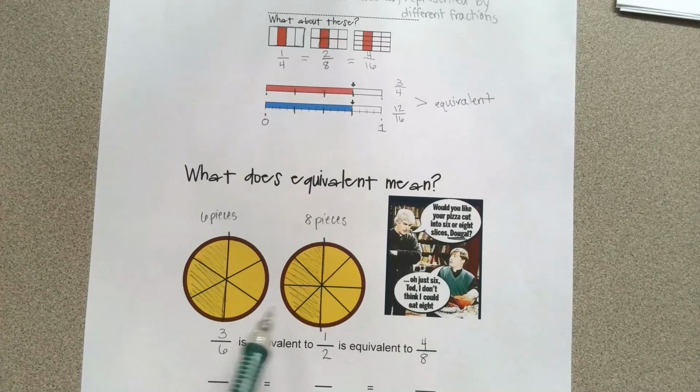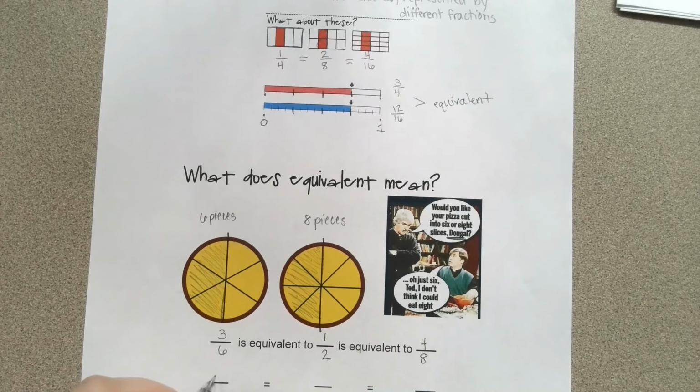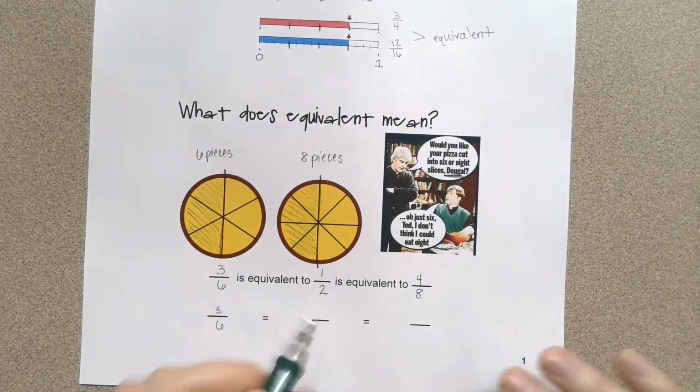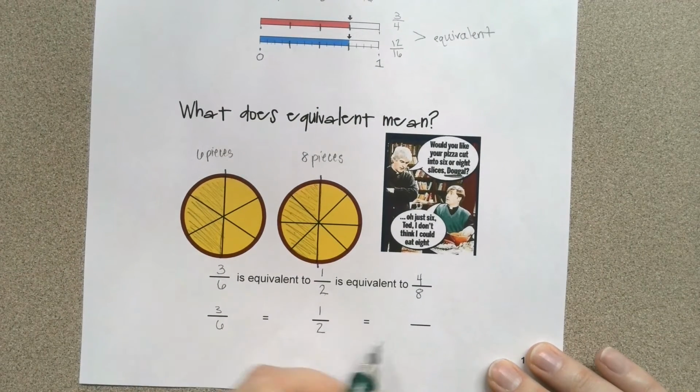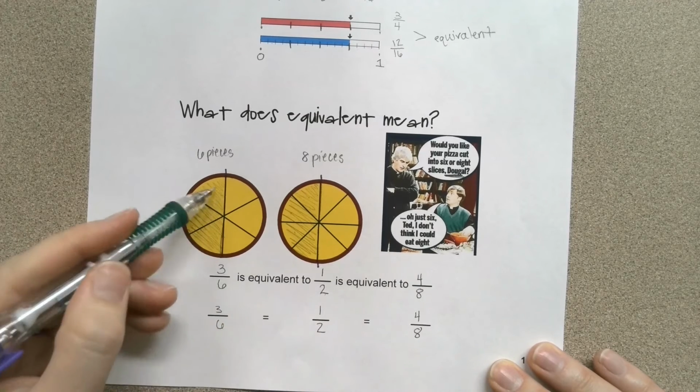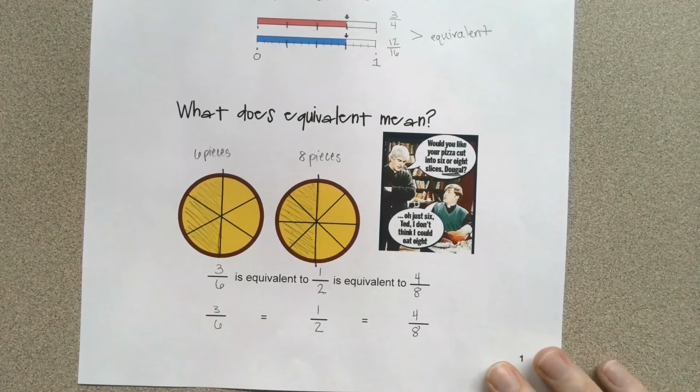So because they're representing the same amount, we can say that 3/6 is equivalent or equal to 1/2, which is equal to 4/8, because they're representing the same amount of pizza.